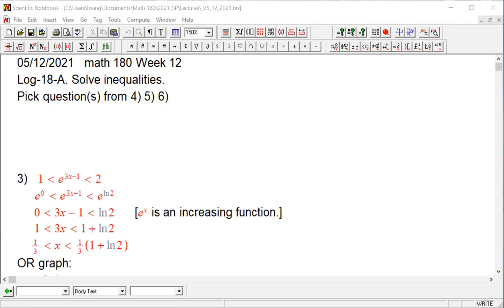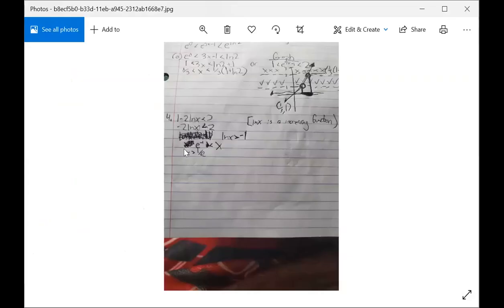Okay, Mikhail's submission. He did number 4. Let me download it. Oh, I'm sorry. I found the download button. There we go. New share.